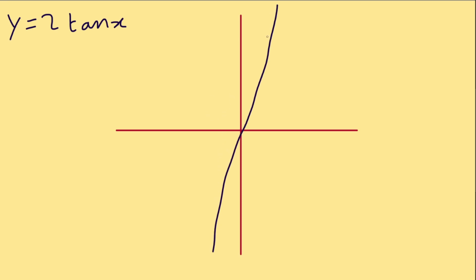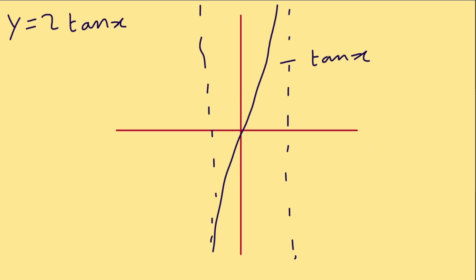Okay, it's time to do some practice examples. So first, let's graph y equals 2 tan x. Now, what you do here, let's say this is normal tangent, right? This is tan x. And here are the asymptotes. Oh, that was messy.